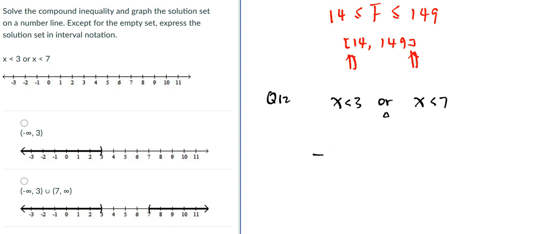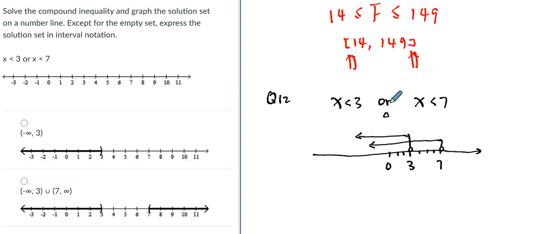Okay, so let's locate. Let's say 0 is here. 1, 2, 3 is here. So x is less than 3. 3 is not included, all the way to the left. And then 4, 5, 6, 7. So here is 7. 7 is not included. It is less than 7.